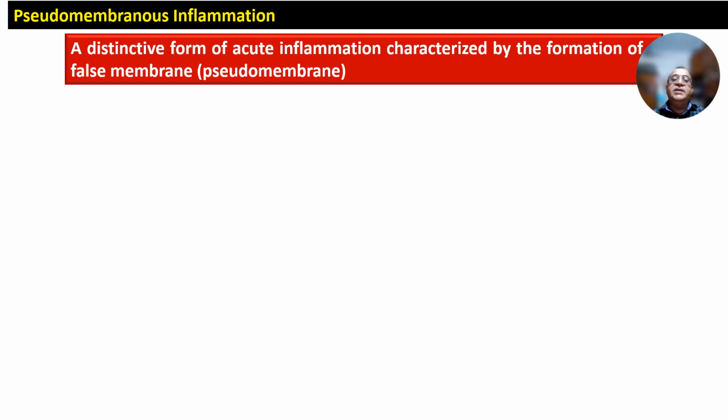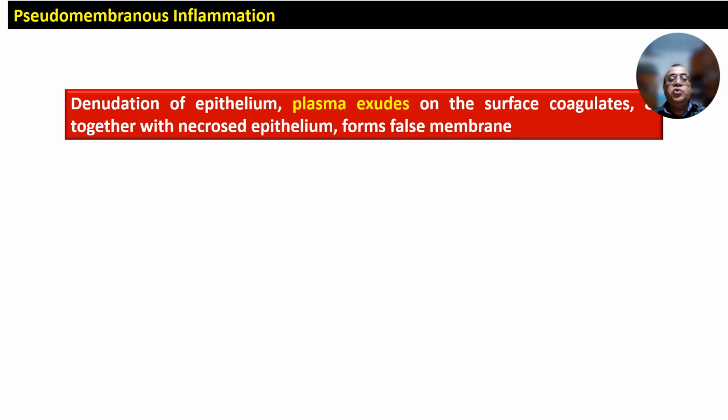One of the patterns of inflammation is pseudomembranous inflammation. This is a distinctive form of acute inflammation that is characterized by the formation of a false membrane, termed a pseudomembrane.